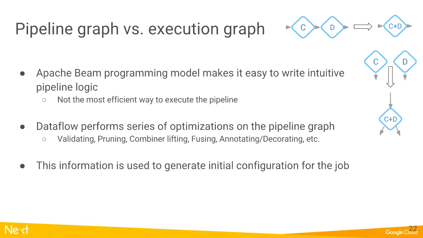So once we have your pipeline, we run through many optimization algorithms to provide the optimal execution graph that we can run that will produce the output that you want. In this process, while we are optimizing, we try to estimate the initial configuration for your job that we think will run it well.